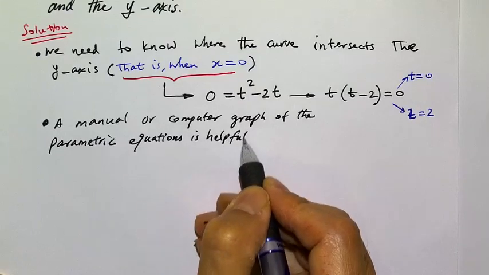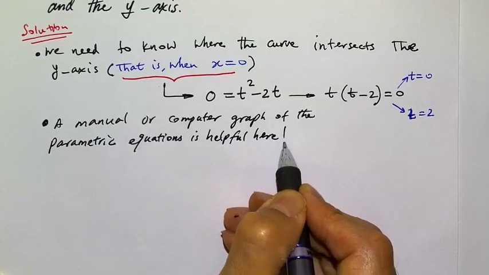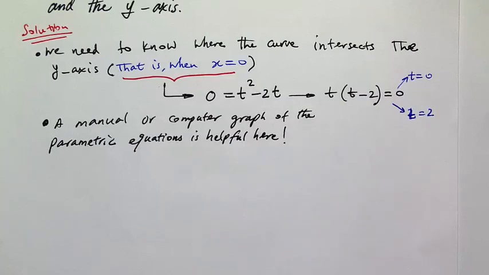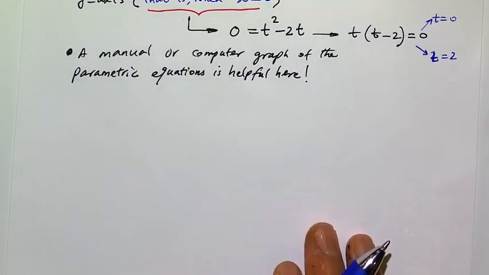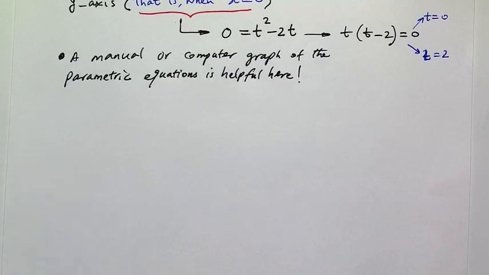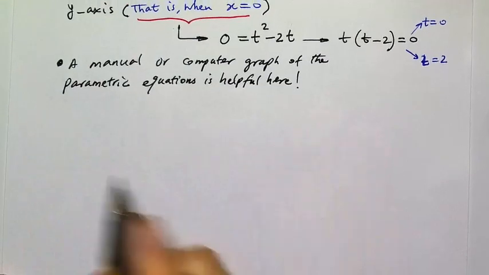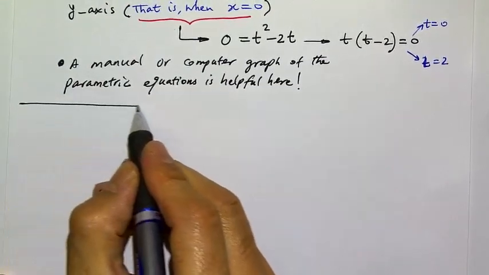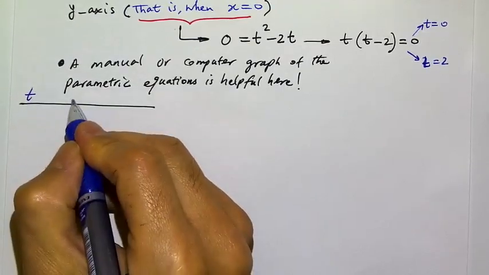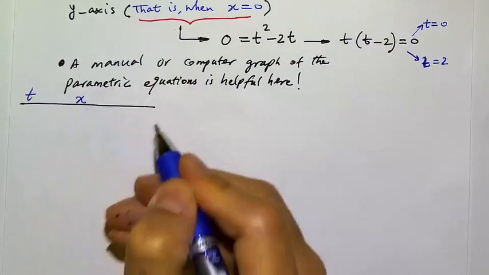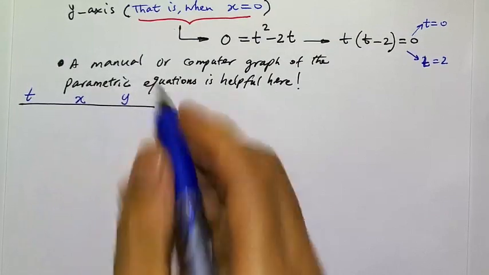With Desmos, like I explained, you can do it very quickly in a matter of seconds. And also manually, if you prefer, you can do that here as well. So this is what we would do. So we have the variable t here, and then the x, and the value of y.